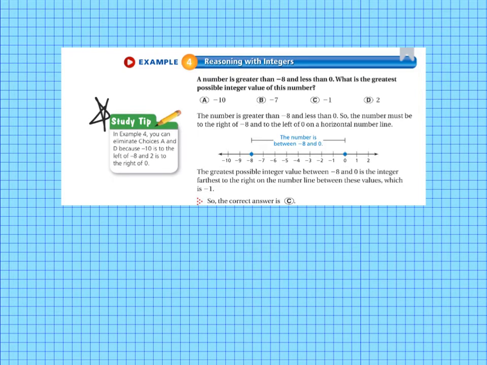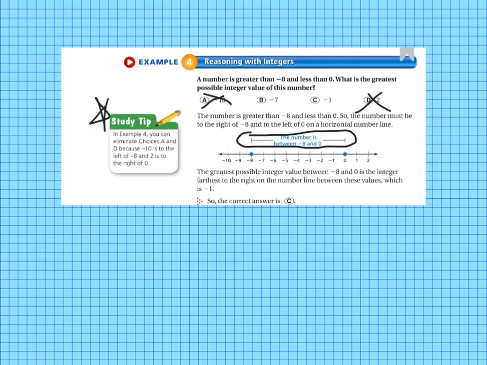So we're looking for something that is greater than negative 8 and less than 0. Negative 10 is not between those two numbers, and 2 is not between those two numbers. So we're left with negative 7 and negative 1.